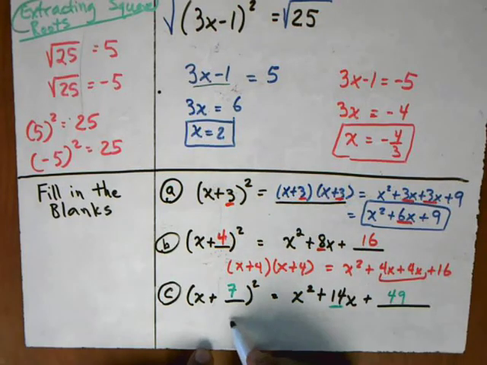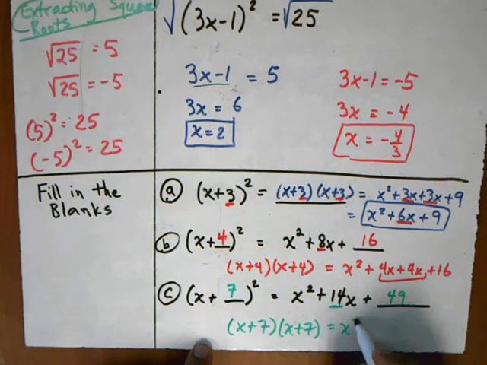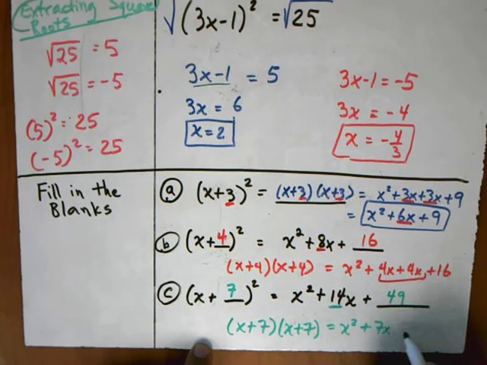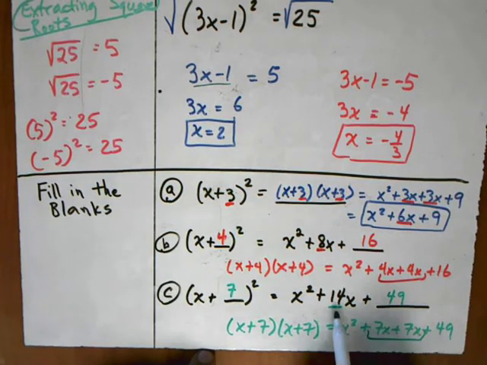And just to be sure, if we were to expand this, (x + 7) times (x + 7) equals x squared plus 7x plus 7x plus 49. Okay, so the first, inner, outer, and last terms will give us x squared plus 7x plus 7x plus 49. These two terms combine to give us the 14x, and 49 comes from the last two terms being multiplied.